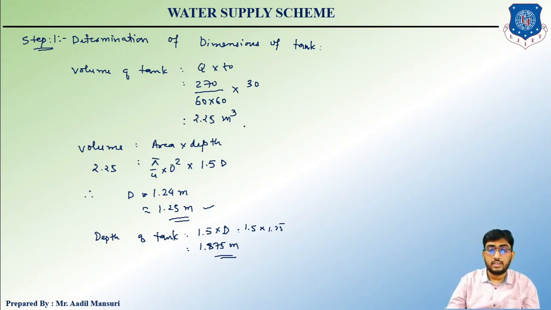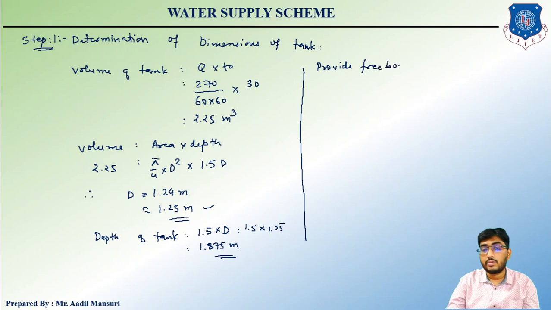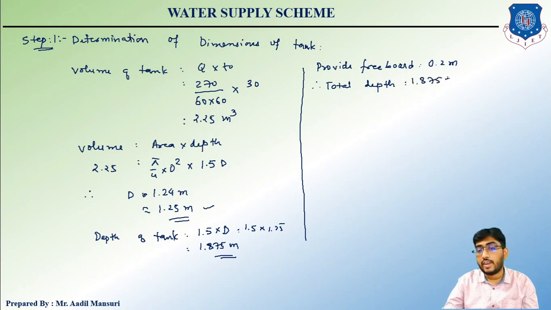Next, provide freeboard 0.2 meter. Okay, so what will be the total depth? Total depth will be 1.875 plus 0.2, and that will be equal to 2.075 meter.